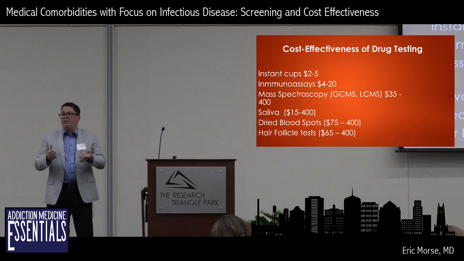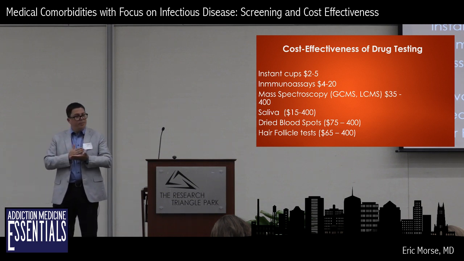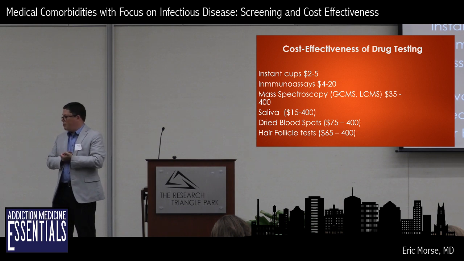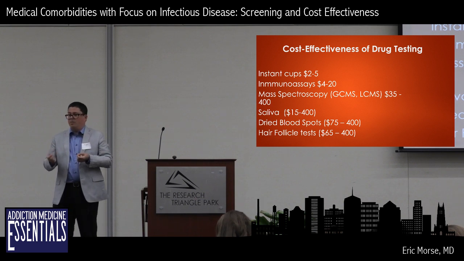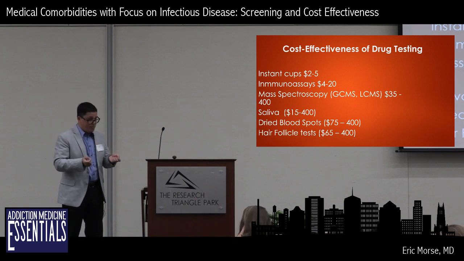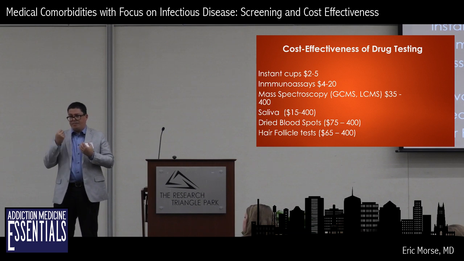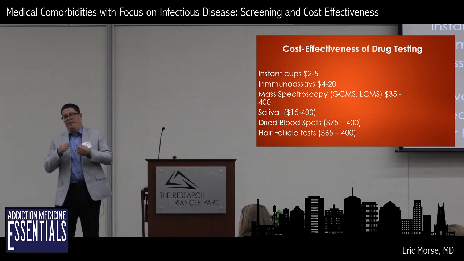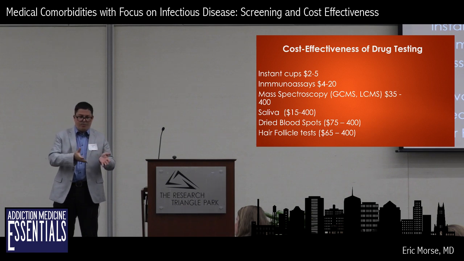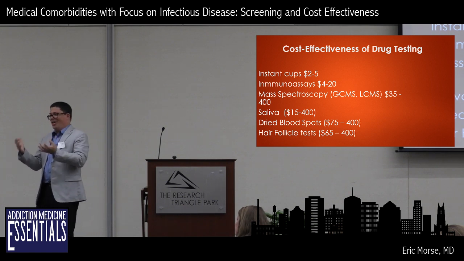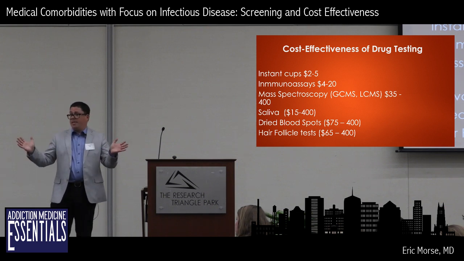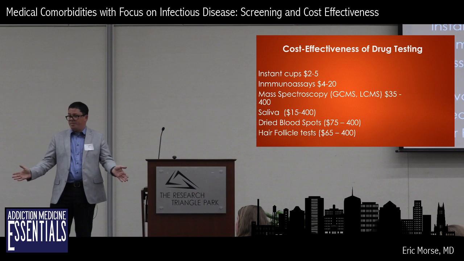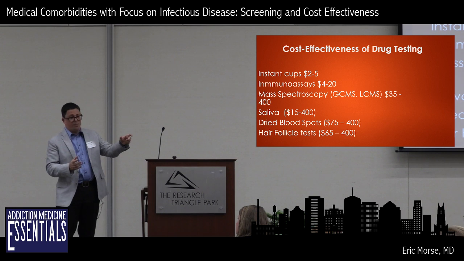If you're doing OBOT, it's helpful to get the norbuprenorphine, which is the metabolite of buprenorphine, to make sure they're actually taking the medicine and not putting a little buprenorphine at the end of their urethra. Even if you're doing a really good observed urine, but not like microscopic observed, that'd be weird, you might be getting somebody who's clean and sober who is peeing out buprenorphine, and their screen on the cup looks fantastic.